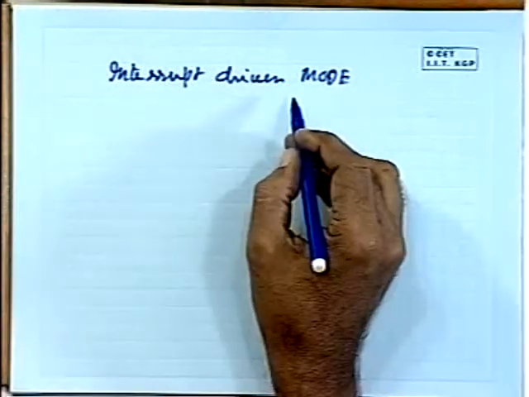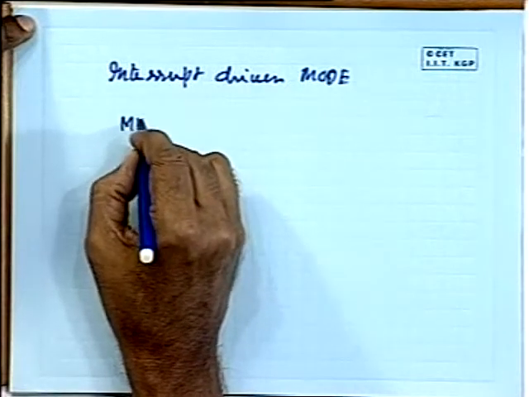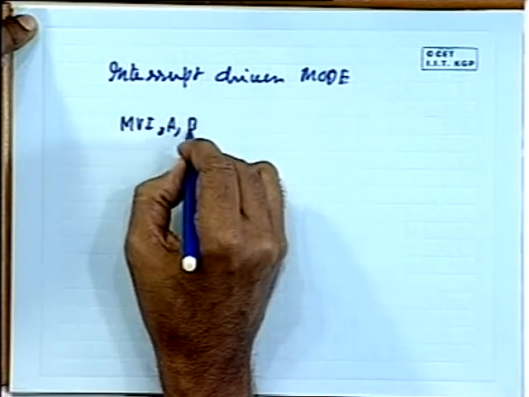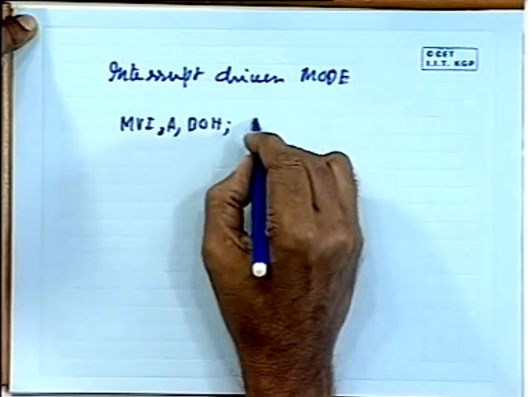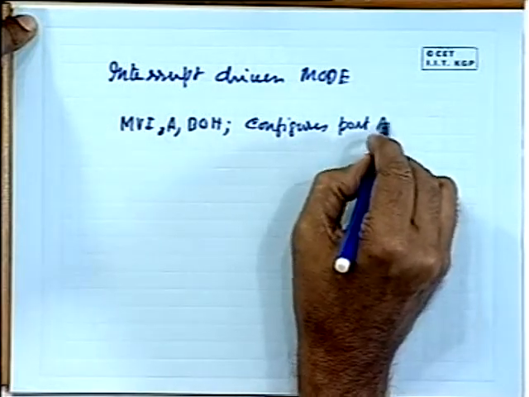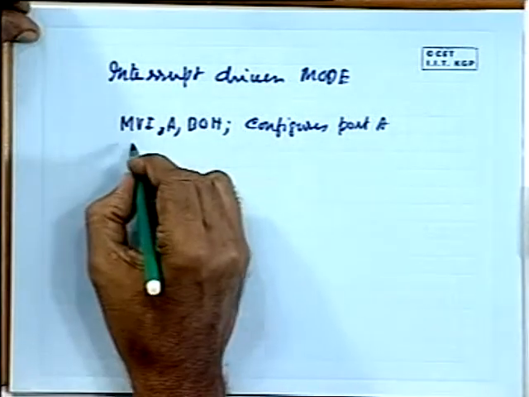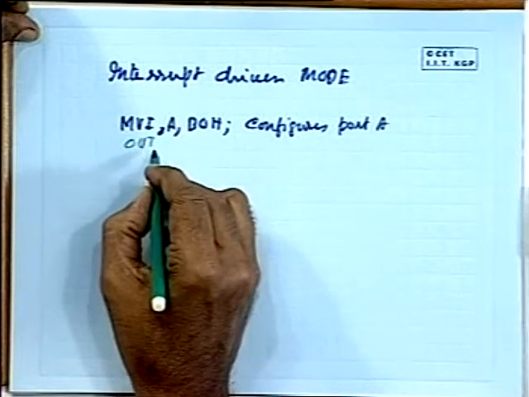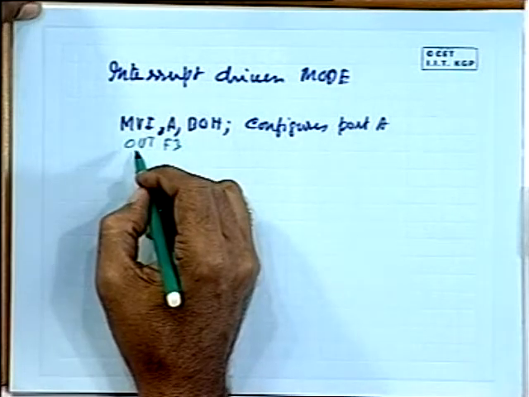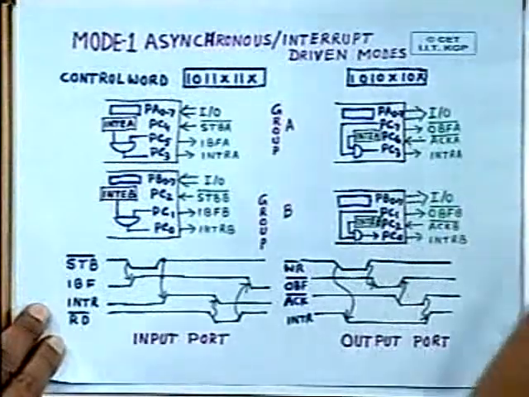However, the program will be a little different here. The first part will be the same. You have to configure the port: MVI A, B0H. So, this configures port A as an input port, in mode 1. Of course, it will do it only after OUT F3 is executed, and after this is done, another operation it has to do is to enable the interrupt.